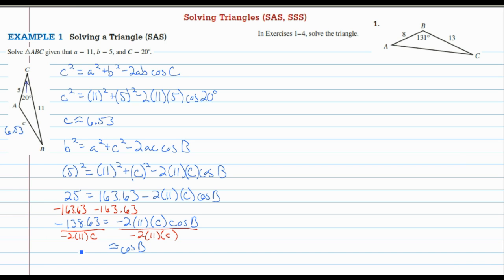is about 0.965, which by taking the inverse cosine I will get actually angle B, which is about 15.18 degrees.